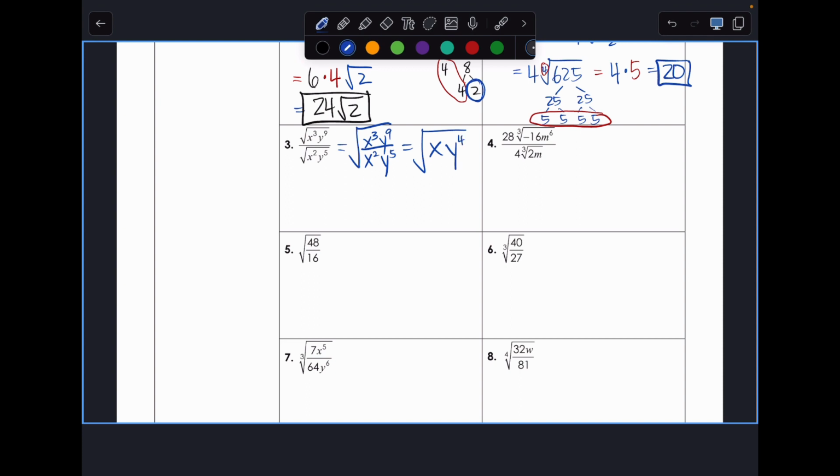Can we make any groups of 2 with x? Nope. X has to stay. Y to the 4th power. I can make 2 groups of y squared and y squared, right? You could take that out, or you could break it down further. I really don't care.